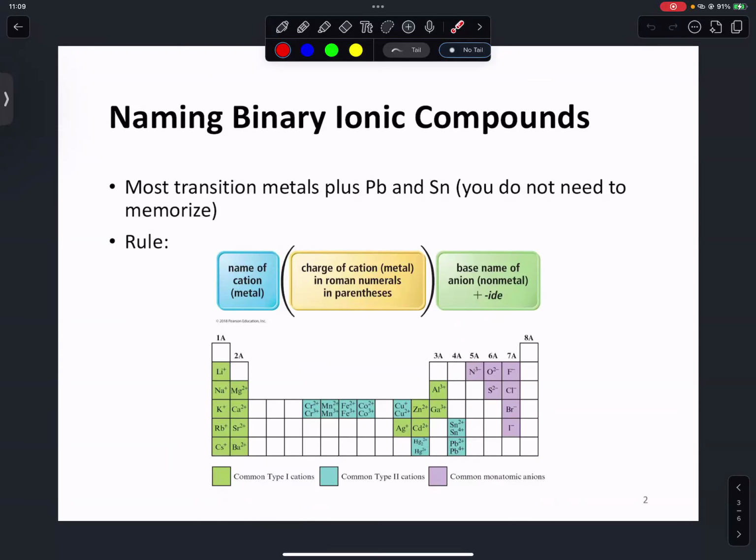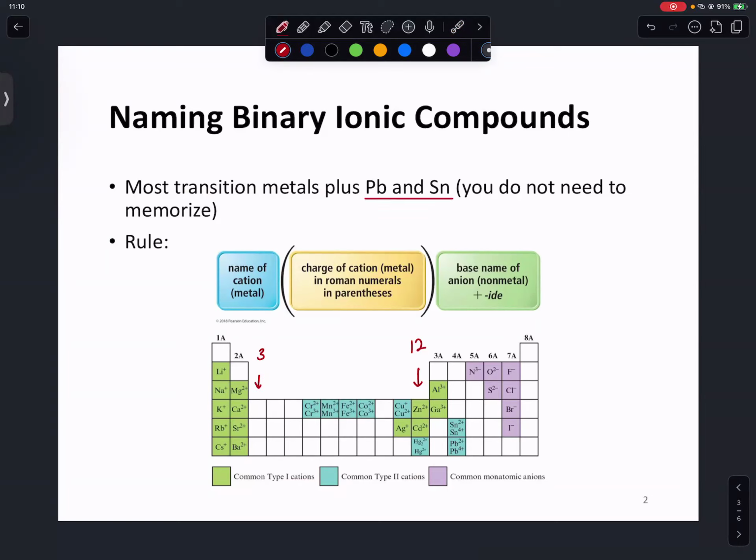And how can you identify these ionic compounds with metals of variant charges? Well, they are mostly transition metals. Transition metals are in the mid section of the periodic table, starting from group 3 to group 12, in addition to lead and tin.